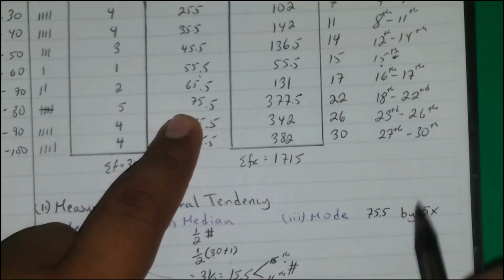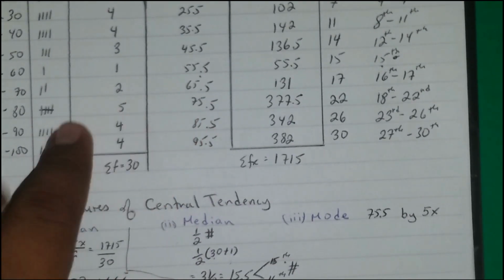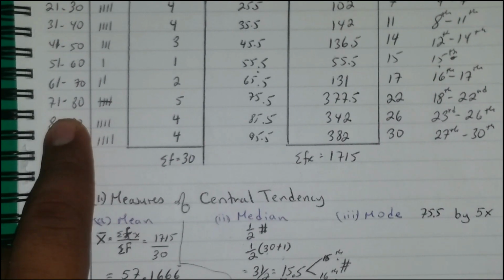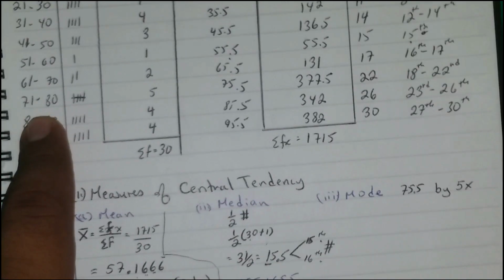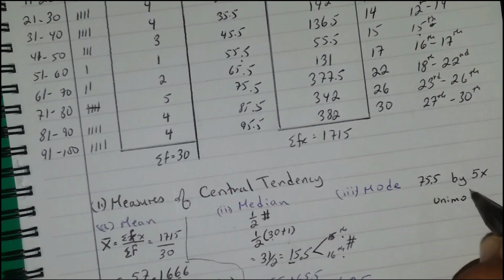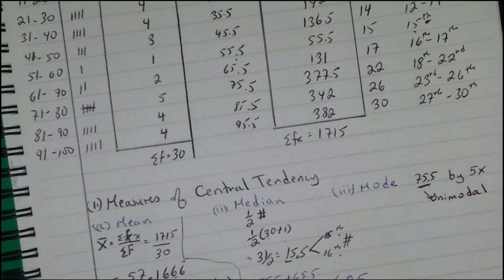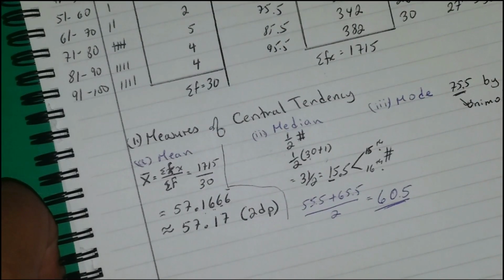We're using 75.5 because that represents the interval that we have here. And then again, this is going to be unimodal because it's only one number that appears the most, or one midpoint that appears the most.